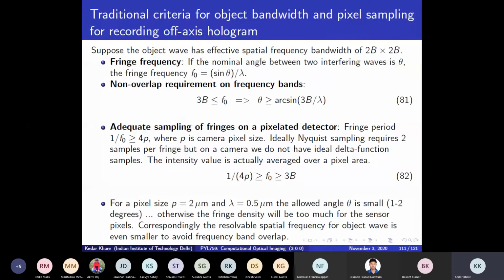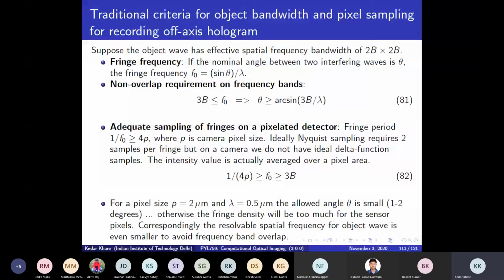So typically in the lab, by the way, let me tell you something: traditionally when people recorded holograms on films, the film resolution was quite high compared to digital cameras. The resolution on a film, the photographic film specifically made for holography, depends on the silver grain size, and there was a lot of chemistry involved in it.